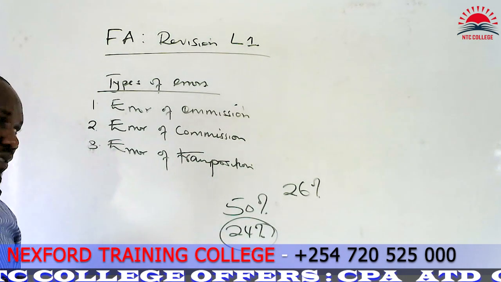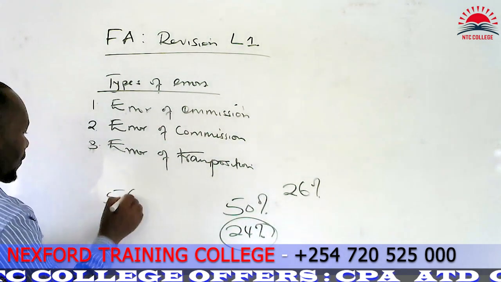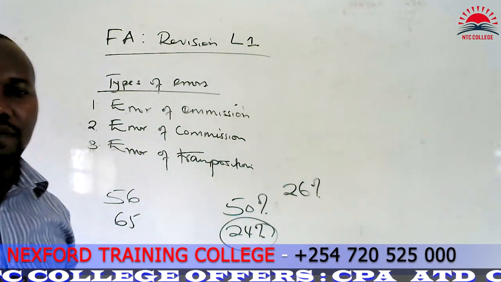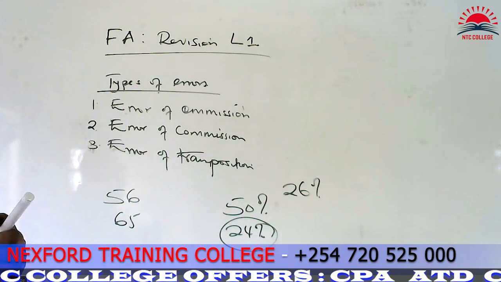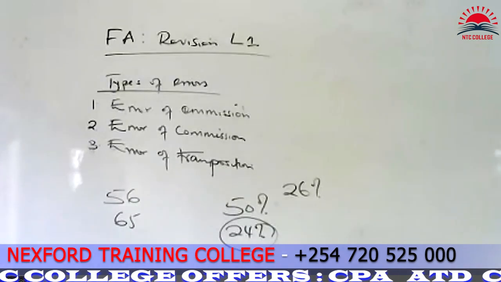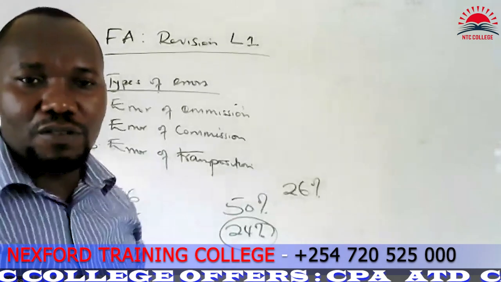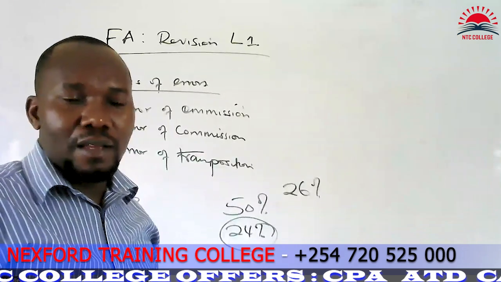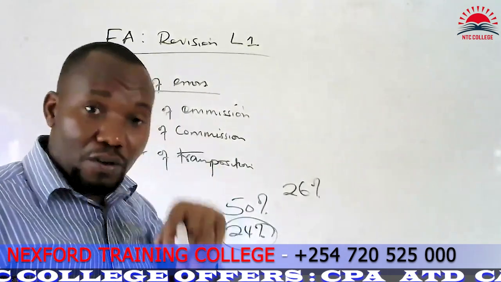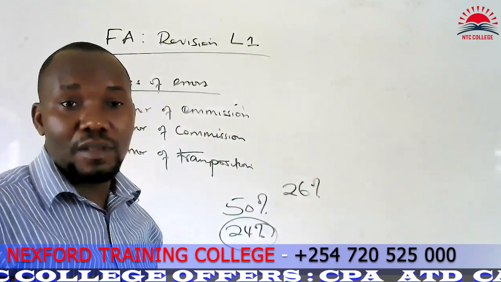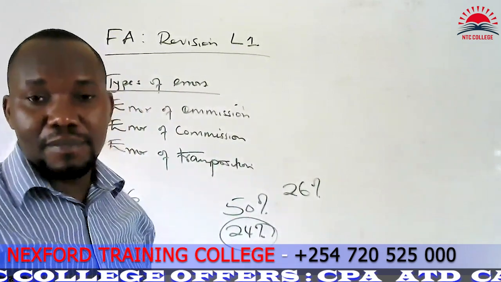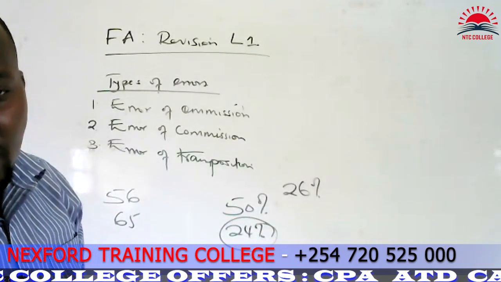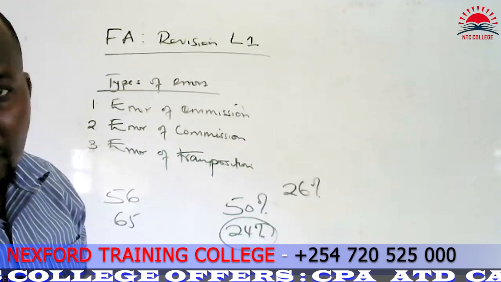extending the numbers, where instead of writing 56, you write 65. That is one error. So you can write and say that this is caused by recording the incorrect amount by reversing the numbers.